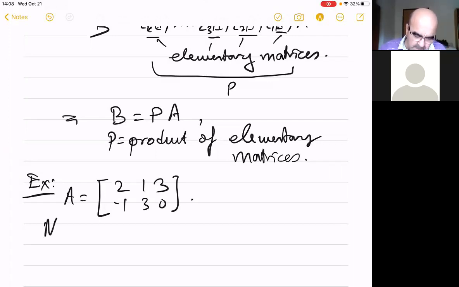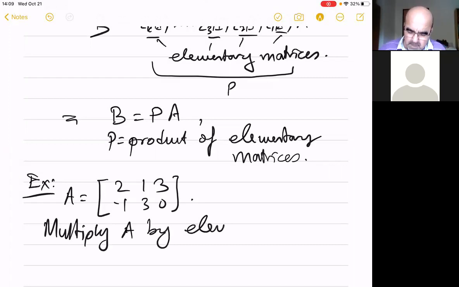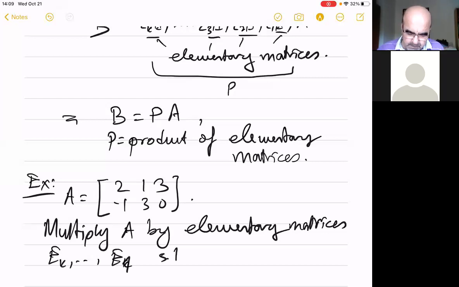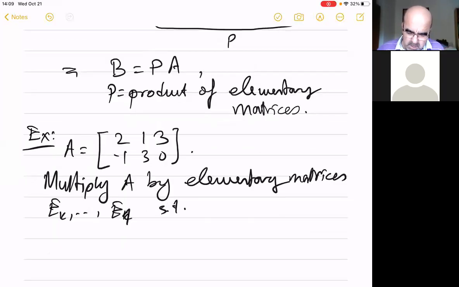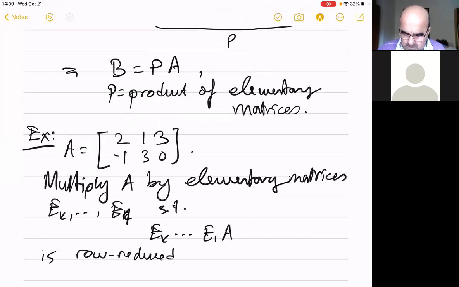Multiply A by elementary matrices, let's say Ek through E1, such that this product Ek through E1 times A is a row reduced echelon matrix.